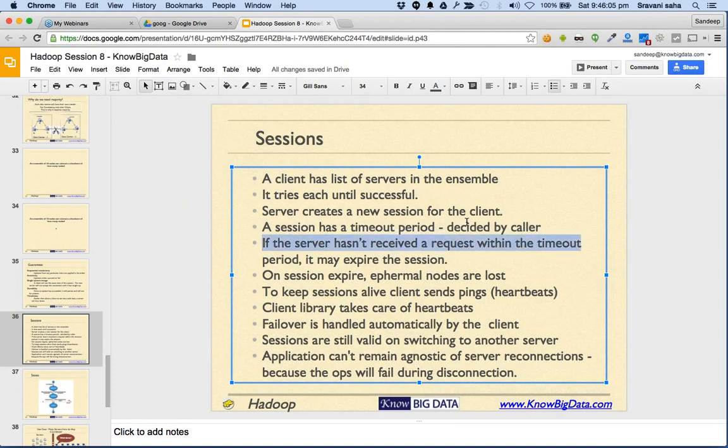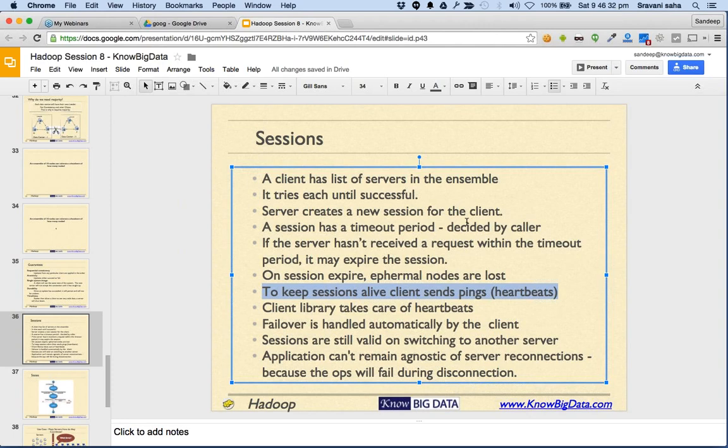If the server hasn't received a request, the session will expire. Therefore, the client keeps on pinging, saying, hey, I'm alive, don't delete my session. The way when you are on a banking website, you keep on changing the pages so that the website does not log you out.